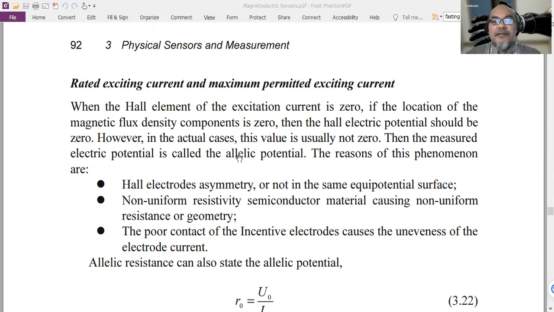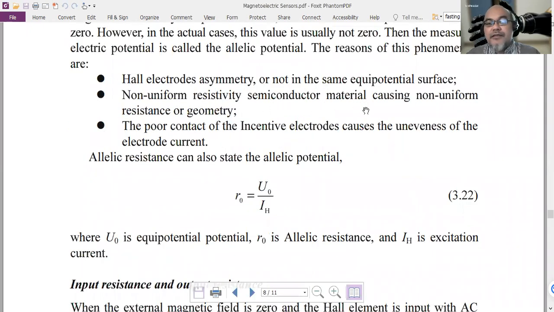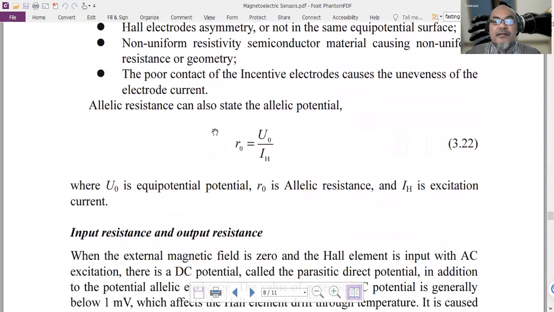The measured electric potential is called the unequipotential voltage. This is due to Hall electrode asymmetry, non-uniform resistivity of the semiconductor material, which will cause non-uniform resistance, poor contact of the excitation electrodes, and unevenness causing unevenness of the electrode current. And this is the formula of the unequipotential resistance.